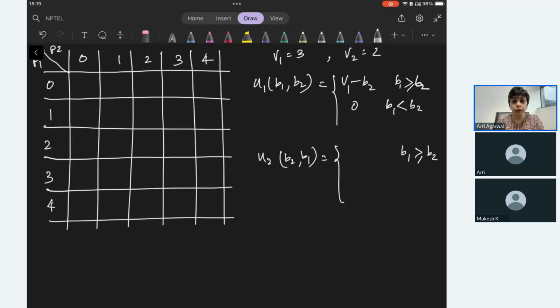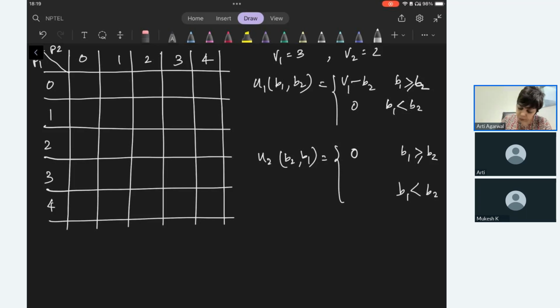Player 2 is going to lose. So he gets nothing. He gets 0. Now, if B1 is less than B2, then player 2 is going to win. If he wins, now he has to pay the other guy's bid amount. So he's going to pay B1, and his net utility is going to be his own valuation minus the amount he's paying, which is B1.